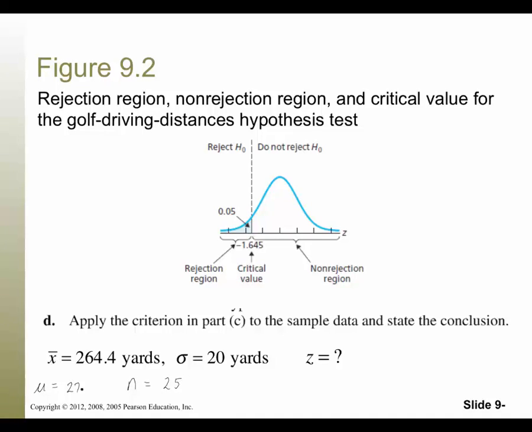The population mean of our hypothesis is 275. Do you remember how to get the z-score for a sample mean of 264.4 in the sampling distribution of samples of size 25? We've done it.